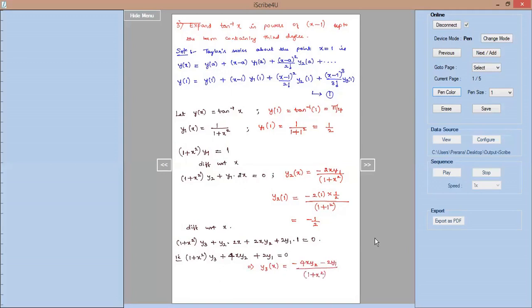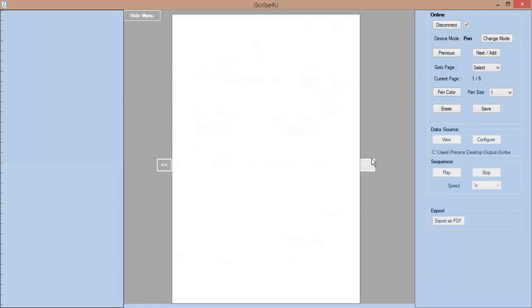So y3 at the given point will be, therefore y3 of 1 is equal to minus 4 into 1 into minus 1 by 2 minus 2 into 1 by 2, the whole divided by 1 plus 1 square. I'll just show you the substitution step here.